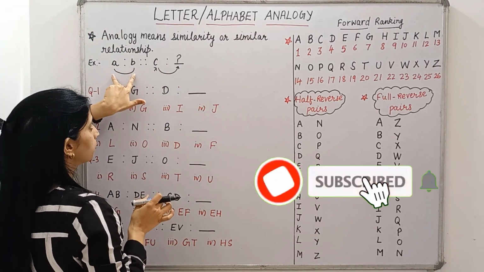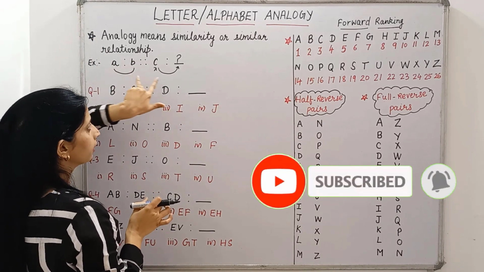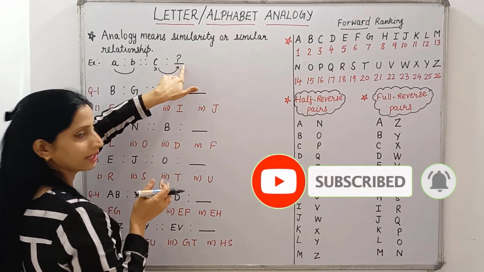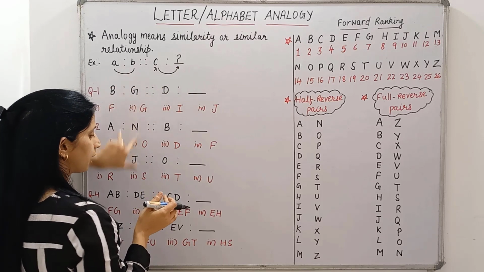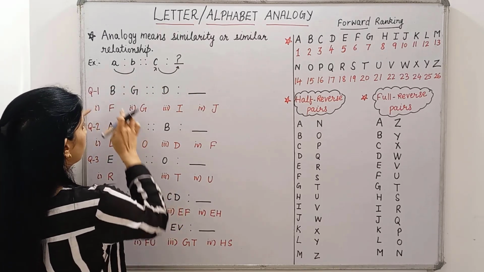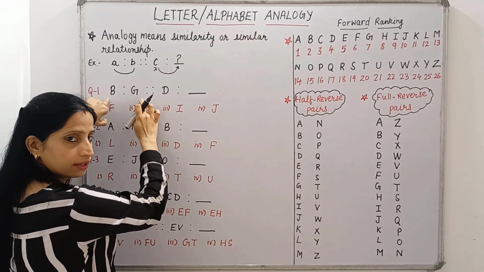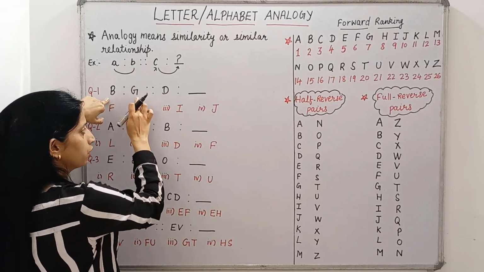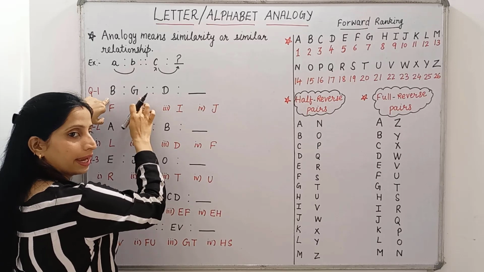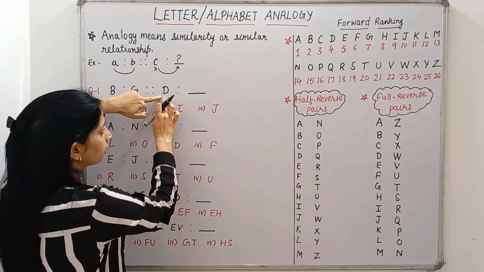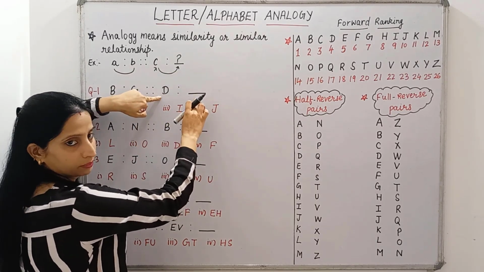Okay, so this is our first pair, A is to B, and this will be our second pair after getting this term. So in these type of questions you can see that always three terms will be given. The first pair will be a complete pair. In this you have to find out the relation, and then you will apply that relation in the third term to get the fourth term.